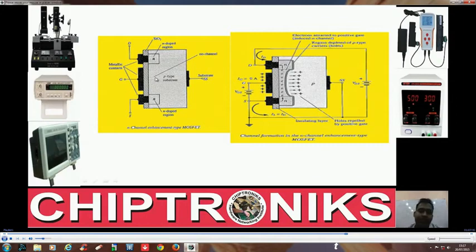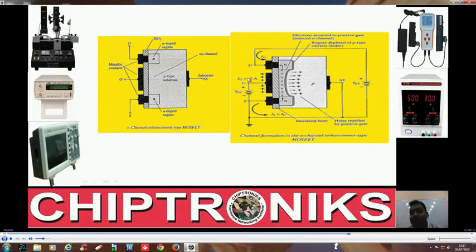In an N channel MOSFET, we have two N type doped regions and a P type substrate, and drain is here, gate is here, and source is here, and all those three terminals are not internally connected. See the difference. In a transistor, the collector and emitter are connected to the base, whereas in a MOSFET, all these three terminals are not internally connected.